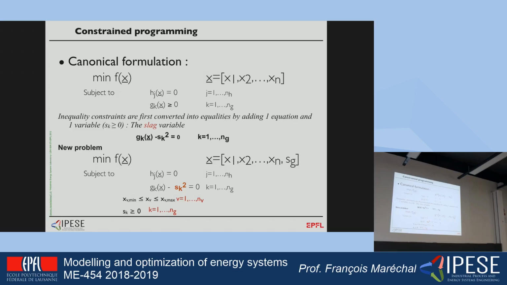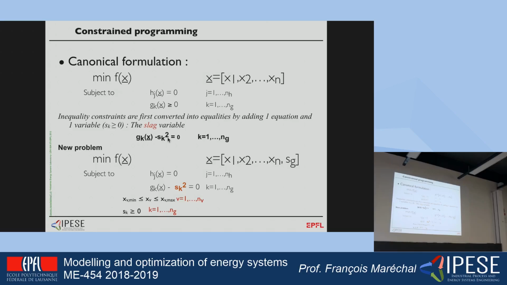And in order to help in solving this problem, there is a trick that can be used, which is to add one new variable, a new decision variable, S, which is named the slack variable.